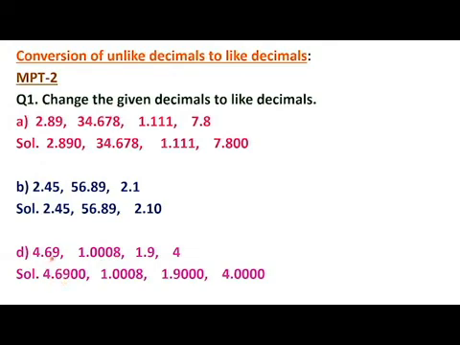So 4.69 will become 4.6900. Then 1.0008 will remain as it is. Then 1.9 will become 1.9000. Then 4 is only a whole number, so we can write 4.0000. This is your all like decimals. Thank you.